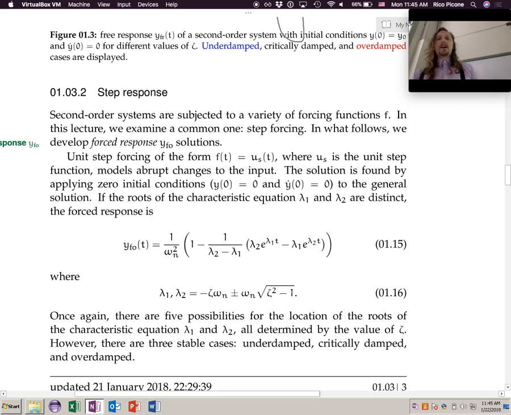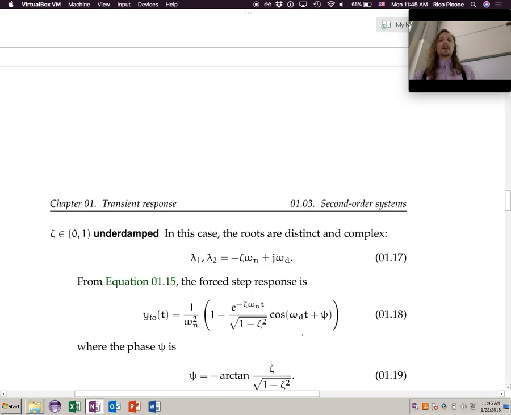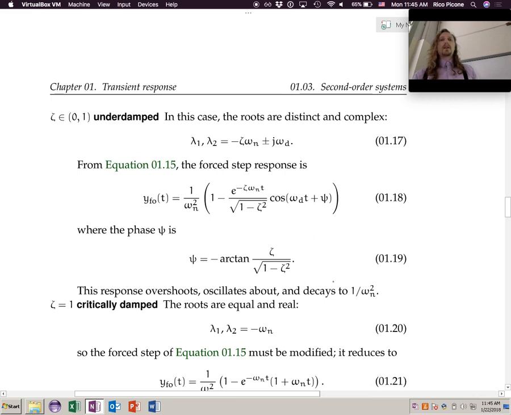Once again, there are 5 possibilities for the location of the roots of the characteristic equation, lambda 1 and lambda 2, all determined by the value of zeta. However, there are 3 stable cases: underdamped, critically damped, and overdamped. In this step response portion, we're only going to consider those. Underdamped: in this case, the roots are distinct and complex.